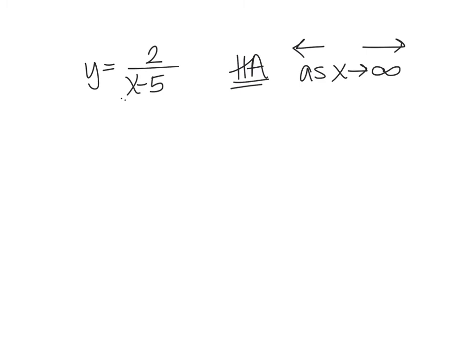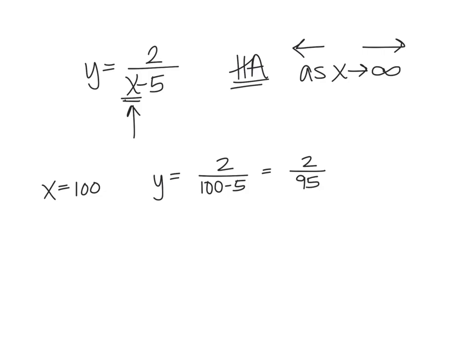So we're thinking about this x value and what's going to happen when that becomes a really large number. If you can imagine, let's pick a number like 100. We would have y equals 2 divided by 100 minus 5. So that would be 2 divided by 95, an output of 2 over 95, which is a very small number.